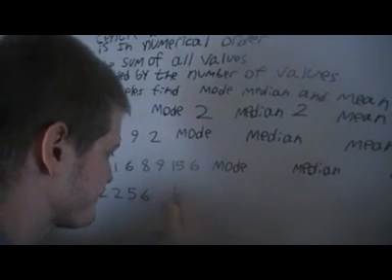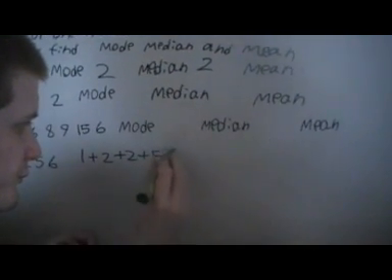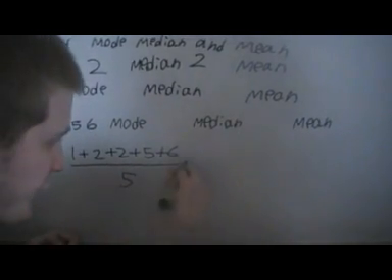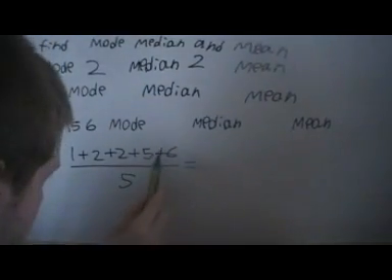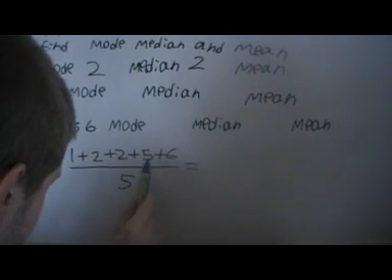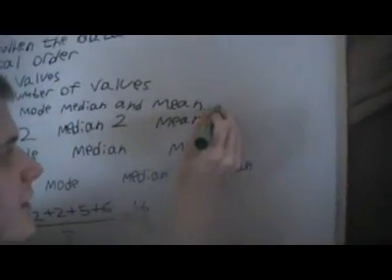Now, the mean, we'll add them up. There's 5 numbers. We get 6, 10, 15, 16 over 5. 16/5 we'll leave it as, just to make it a bit more simple.